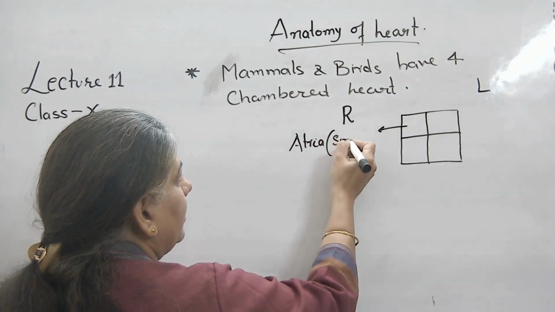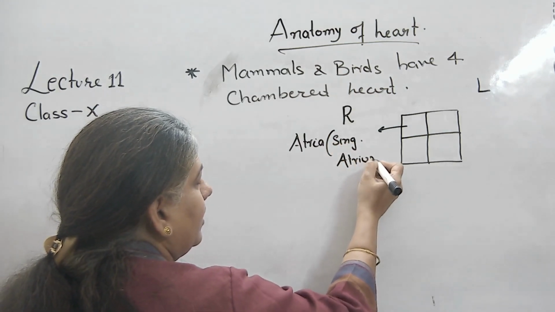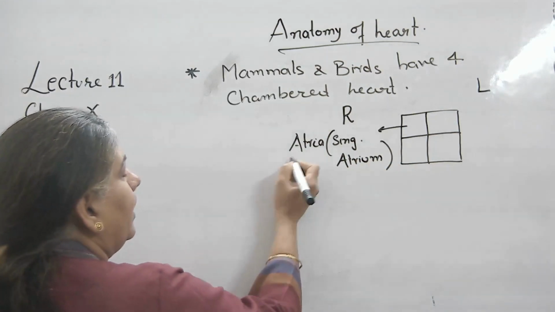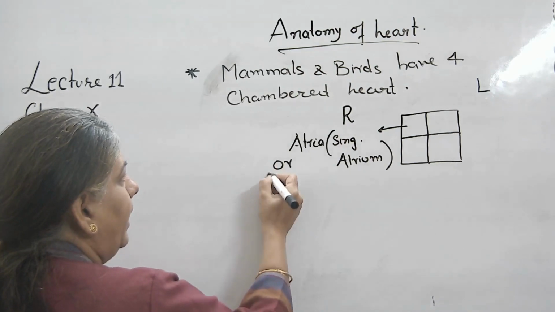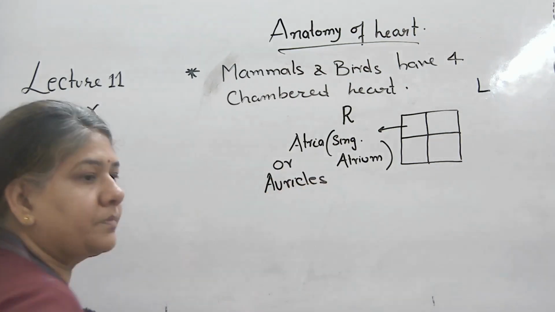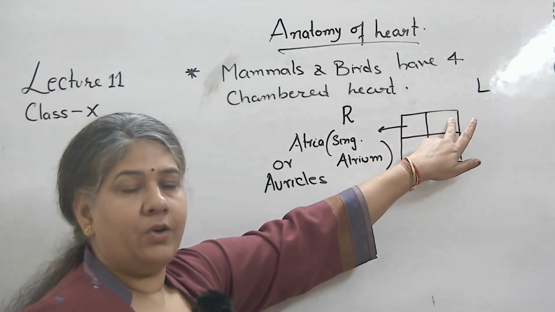Singular is atrium. It is also called auricle, atria or auricles. So this is right auricle, this is left auricle.